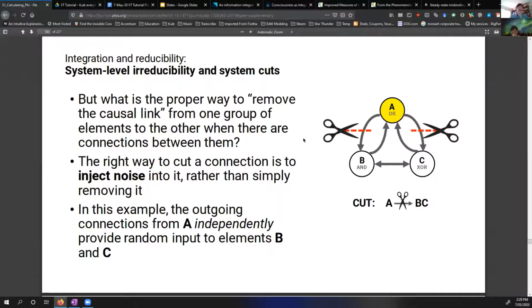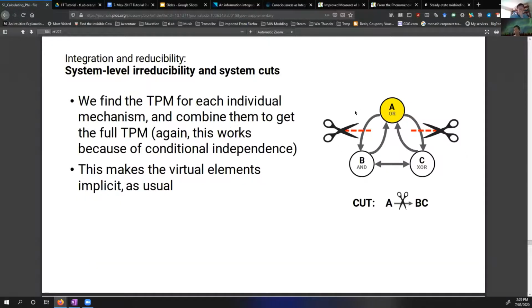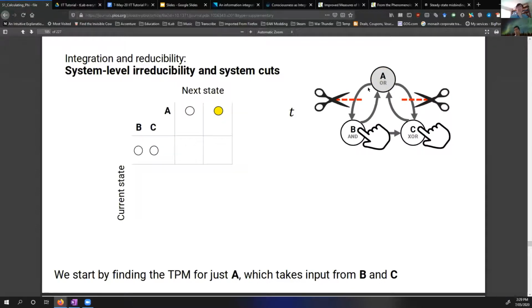So the idea is to have a unidirectional cut, which separates the system in such a way that you have connections from one set of the system. For example here, BC can go to A. You can't have vice versa, A to BC. And then this is just slight details. Once you make this cut, you just rebuild the TPM.